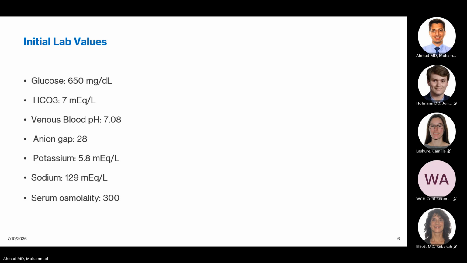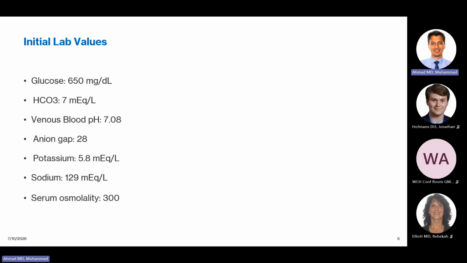Okay, good. So as you told me, anion gap should be 3 to 12, potassium should be 3.5 to 5.2, sodium should be 135 to 145, and serum osmolality should be 260 to 280 usually.